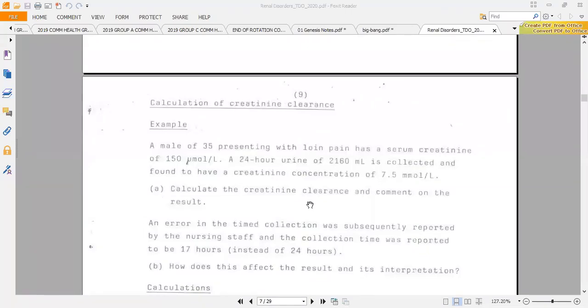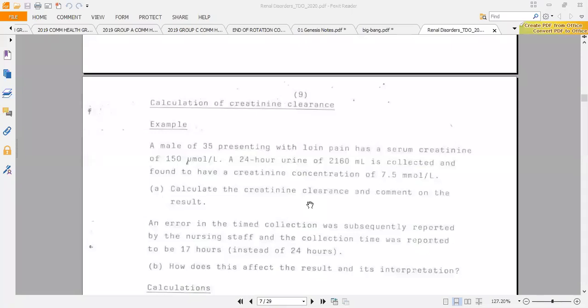So we are calculating the clearance of creatinine. The reason why we are calculating that is that it is going to give us an idea of the GFR. In measuring GFR, we use the creatinine.